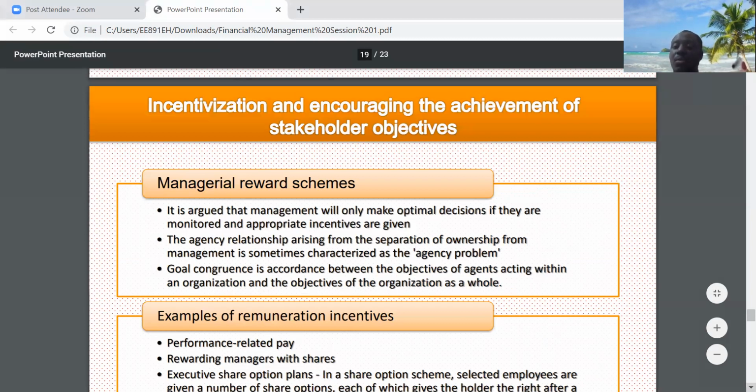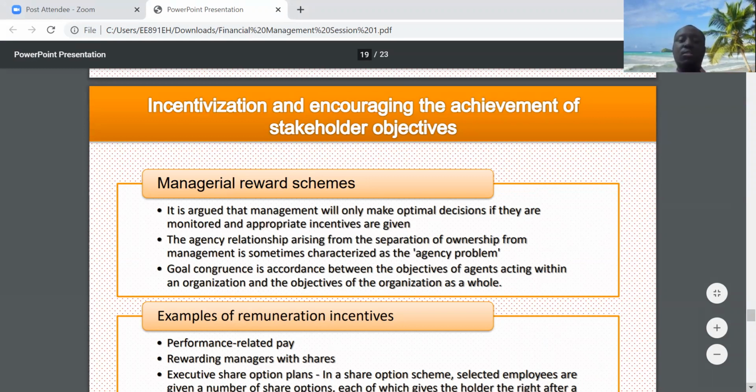The principal contracts the agents to do some work for them, basically to serve their interests. So owners hire managers in order to work for them, to serve their interests and ensure the growth of the firm. The agency problem arises when there's a clash between the interests of these two parties, owners and managers.